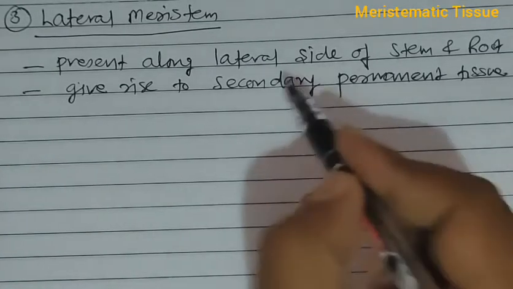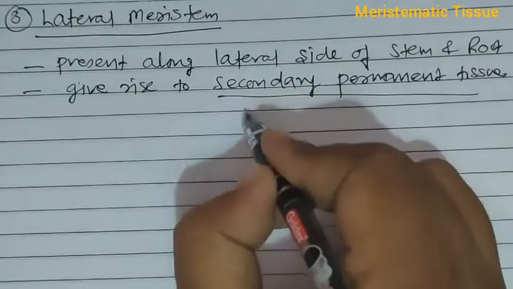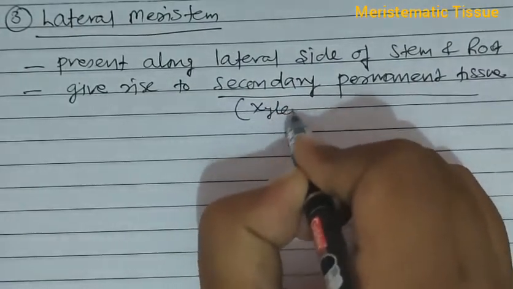Secondary permanent tissues are nothing but xylem and phloem.